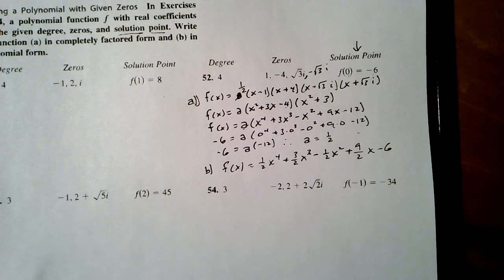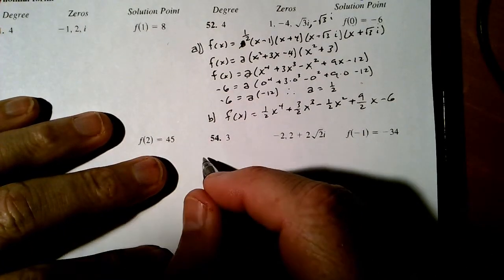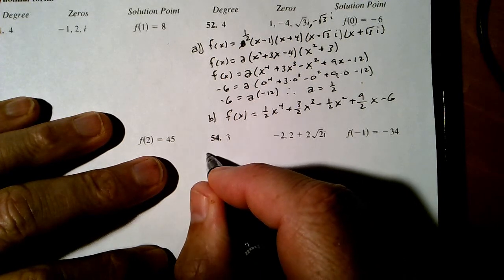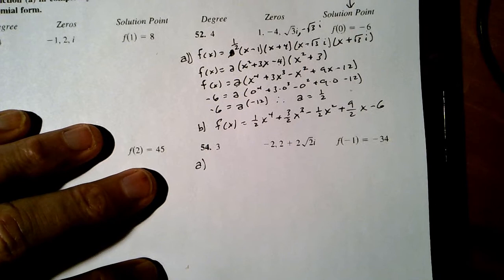Sneaky. And as you can see, we don't want to write too large on that one. Okay. 54. This is going to end up being my A answer if I follow the same pattern as I did in 52.